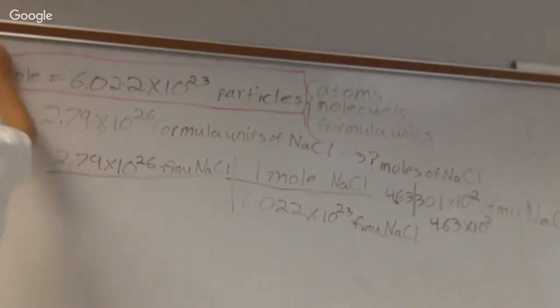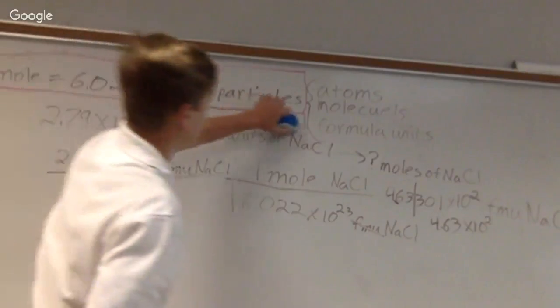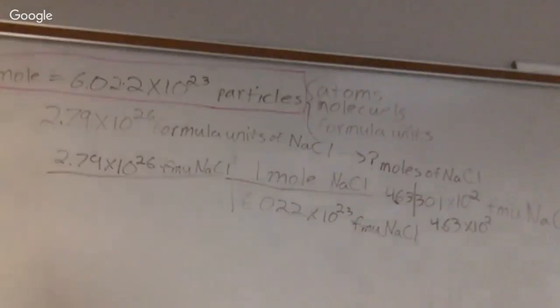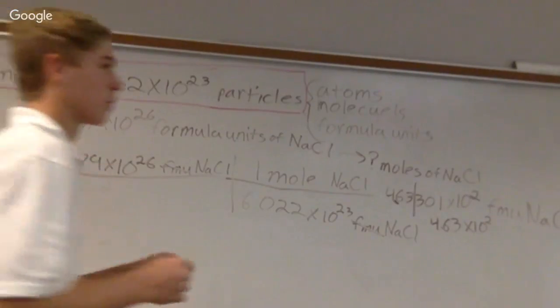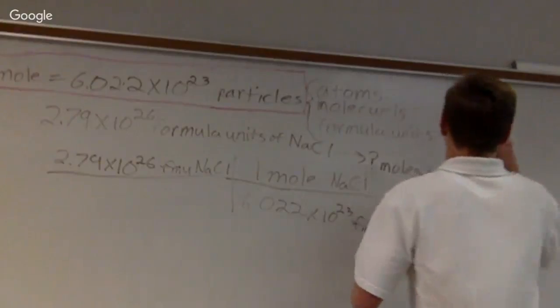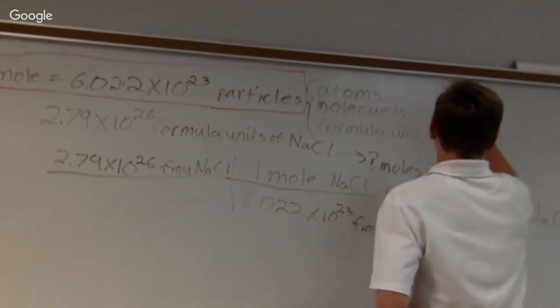Okay, and now what we're going to do is we're going to go between moles and grams. Another conversion. So let's do this. I want you to write the word particles at the top right of the board and circle it.